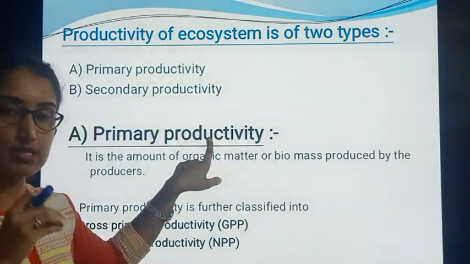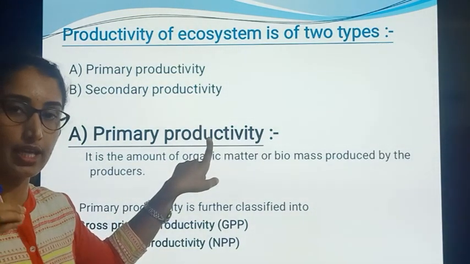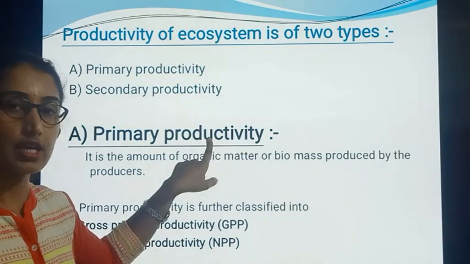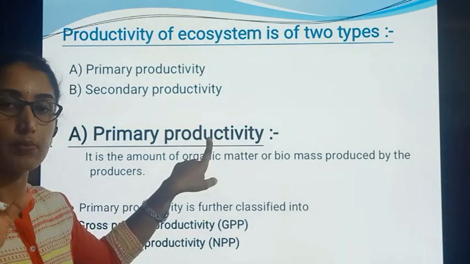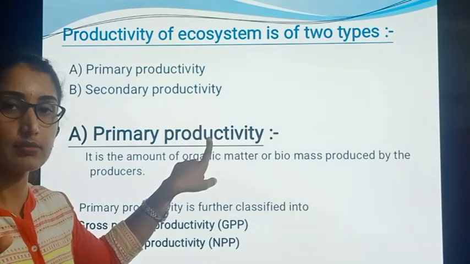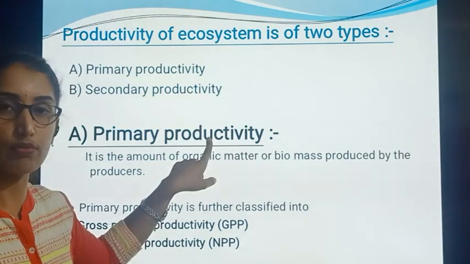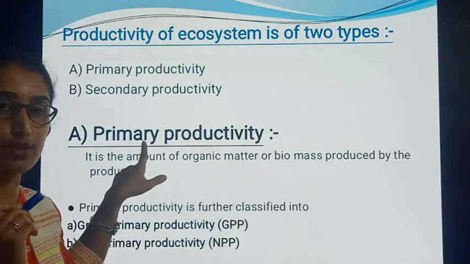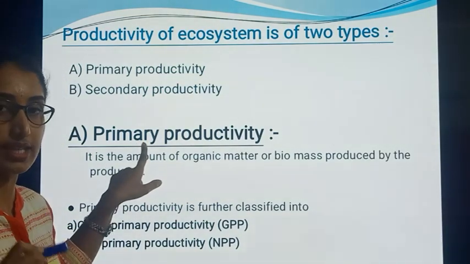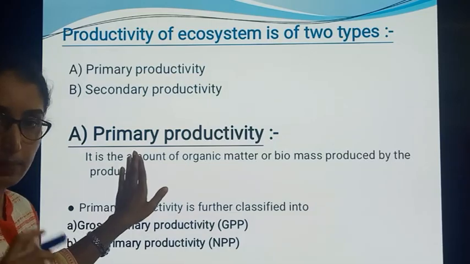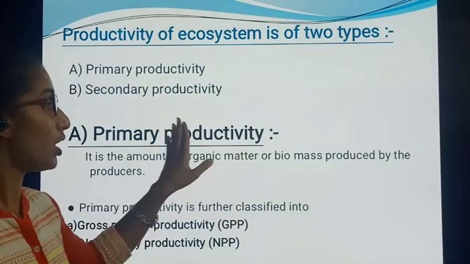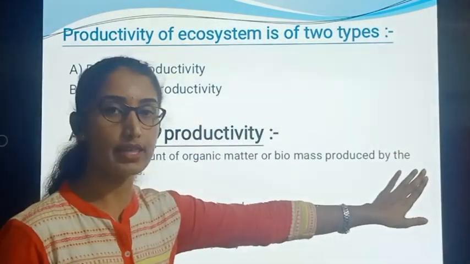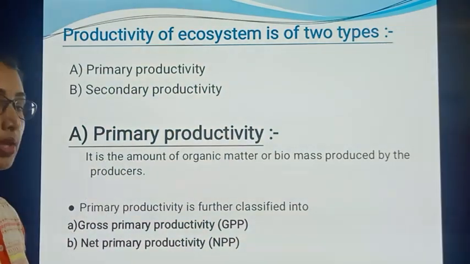Productivity is synthesis of organic matter by the organisms within a period of time. But here in primary productivity, we are using the word primary. That means the amount of organic matter produced by the producers.